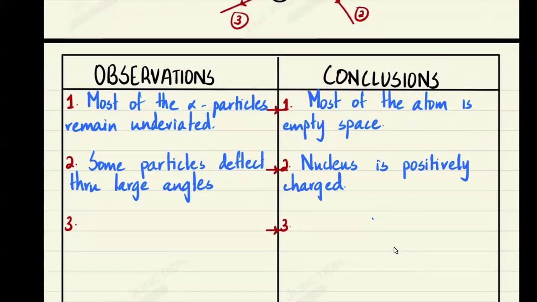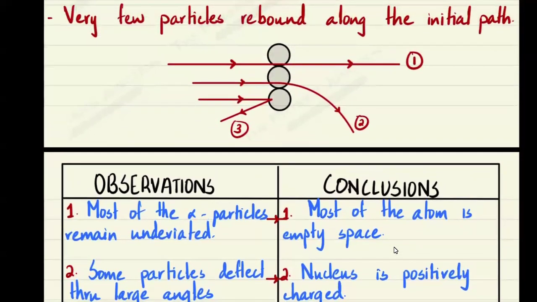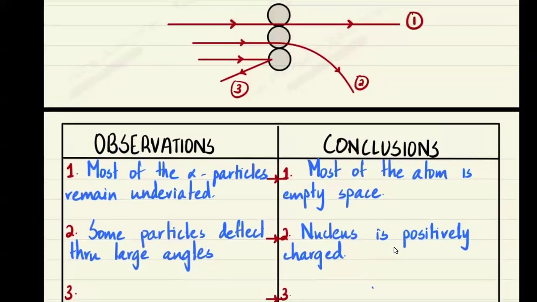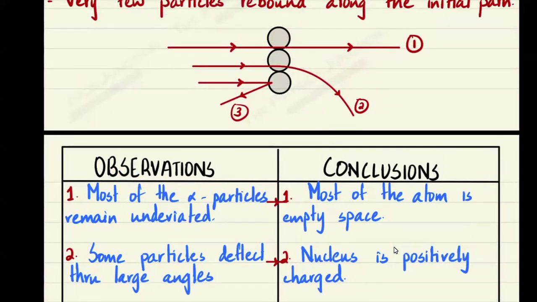The third one, only very few, and you can see that this is even closer to the center here, only very few rebound back along the original path. So the idea is that if this is your nucleus, then you can see that only these particles were close enough to actually almost be in the line of the nucleus. In other places, the other particles were not as lucky to be so close to the nucleus.